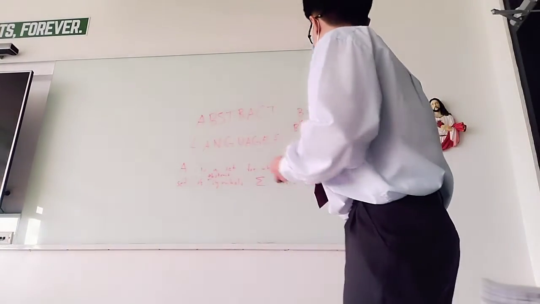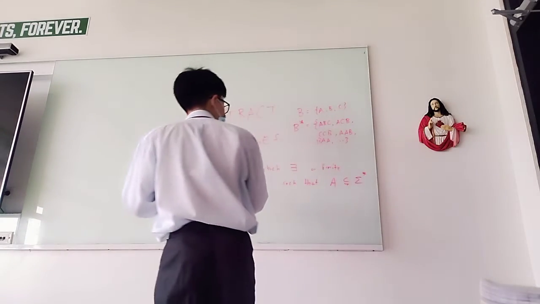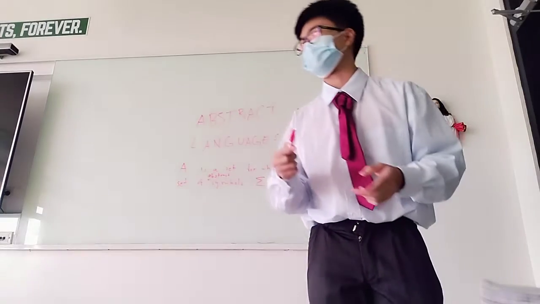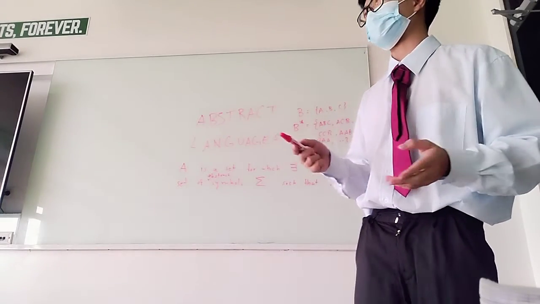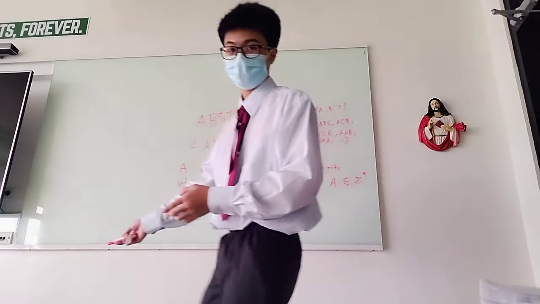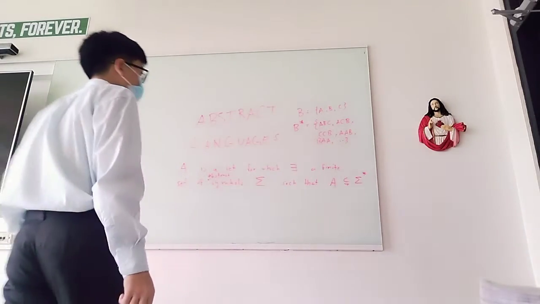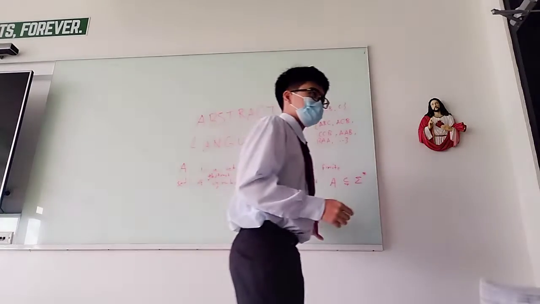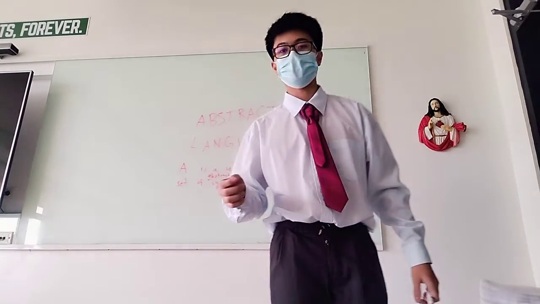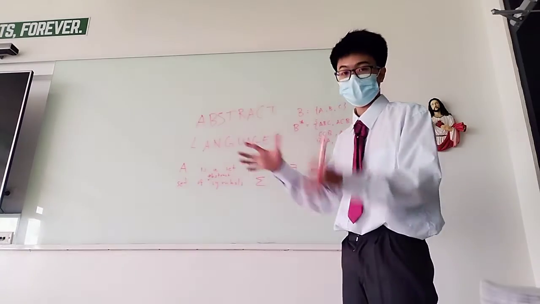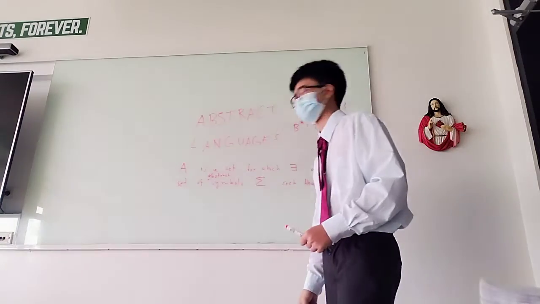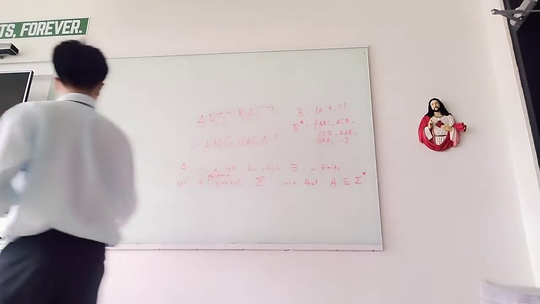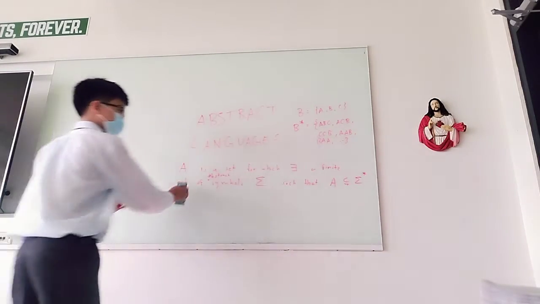So when your abstract algebra teacher tells you a free group is a group constructed over a set containing all possible words of this set, what he means is that it's some sort of group that contains a set that has all possible words on the elements, or all possible strings of the elements from our original set. So that's what it is.